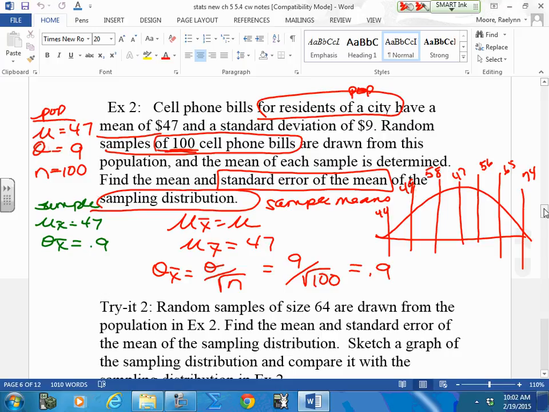Your mean, I added 9 for the standard deviation, then subtracted 9. This was your population graph.